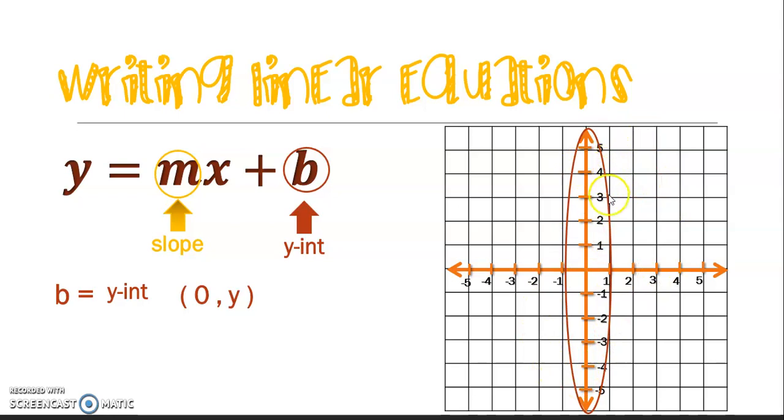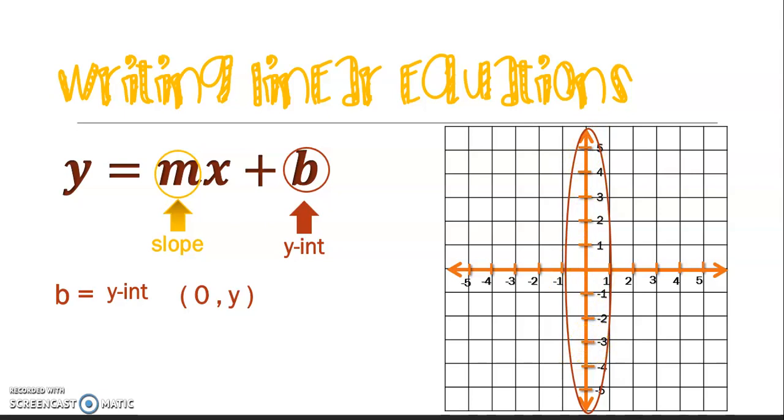My y-intercept will always be on my y-axis, because if x is 0, it will not move to the sides. That's why, as you can see here, I circle the y-axis, because my y-intercept will always be on the y-axis. It won't move from here.